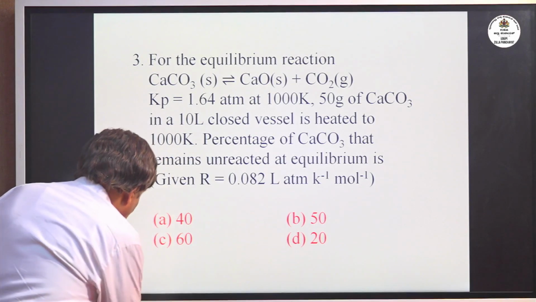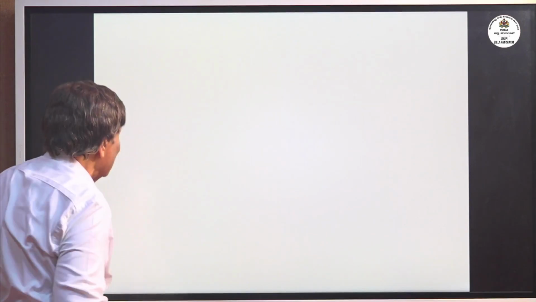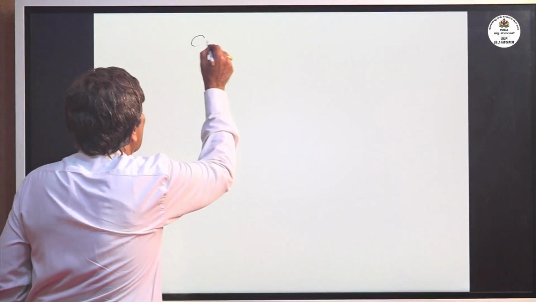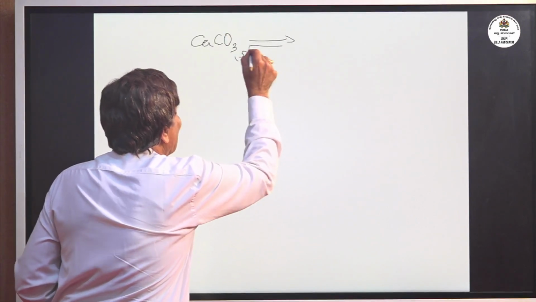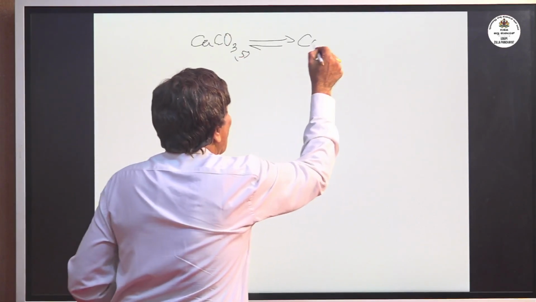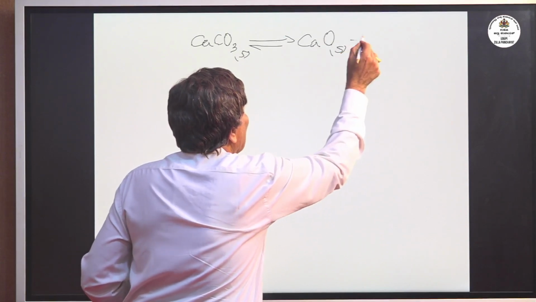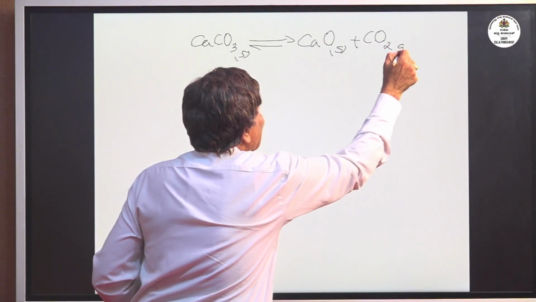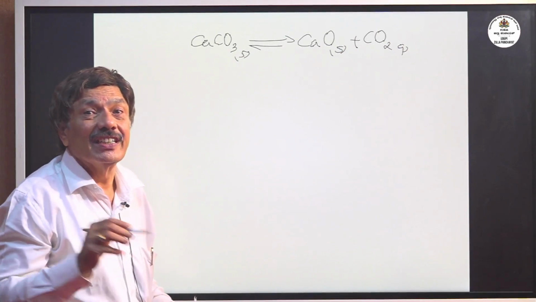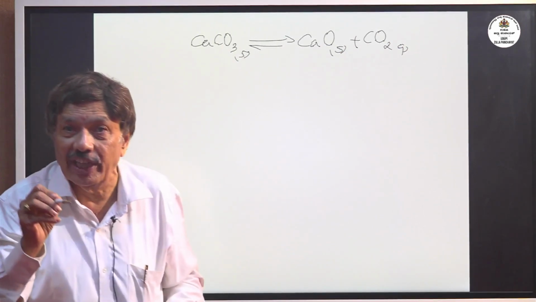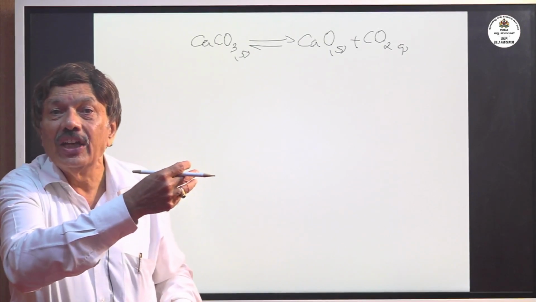Now, let me once again write the reaction. CaCO3, a solid, is in equilibrium with CaO, which is a solid, plus carbon dioxide, which is a gas. This is the reaction. Now, how will you write the equilibrium constant? While writing the equilibrium constant, the product side should go to the numerator.